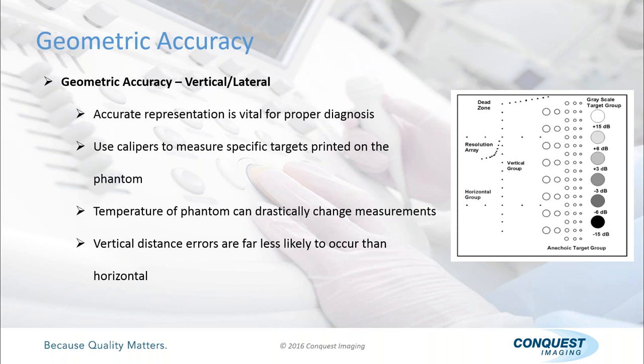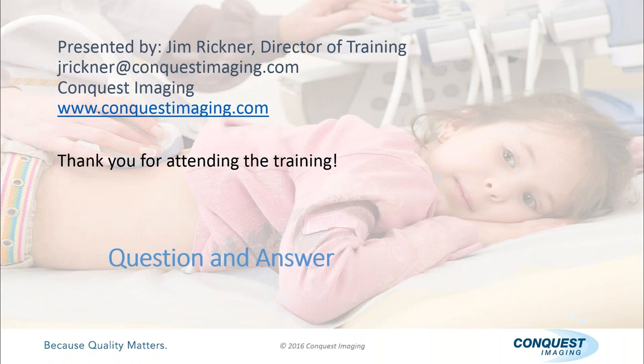One of the things you can do to minimize that particular error is making sure that you have your focal positions focused on the objects that you're measuring, so that if your focus is below or above where you're actually measuring, you may have a little distortion. So make sure you set your focus points appropriately for the area that you're using to measure on the Phantom.